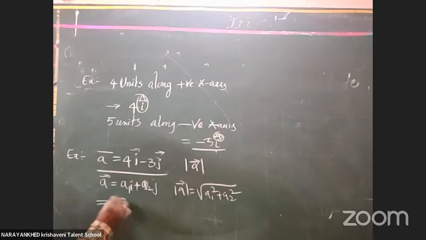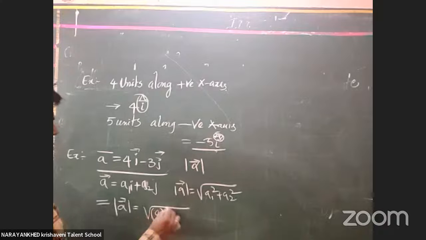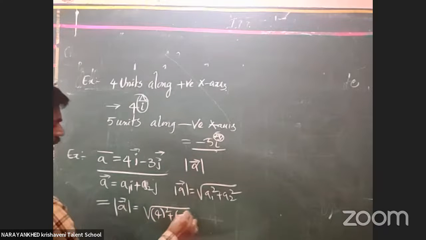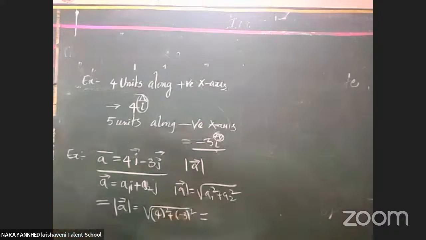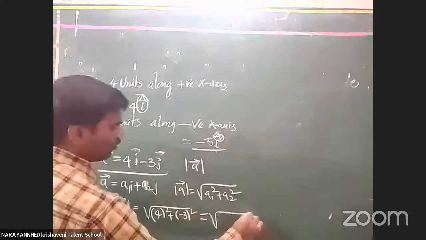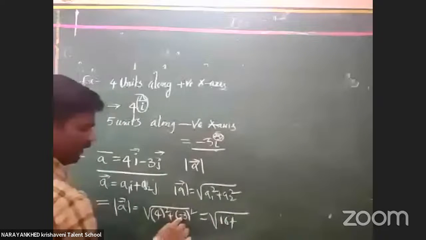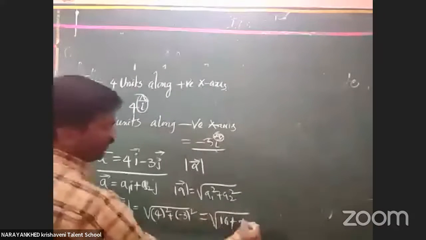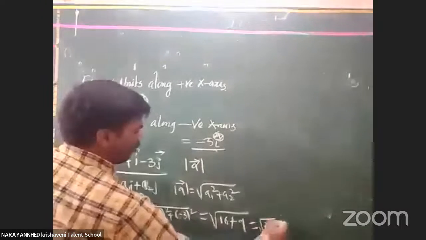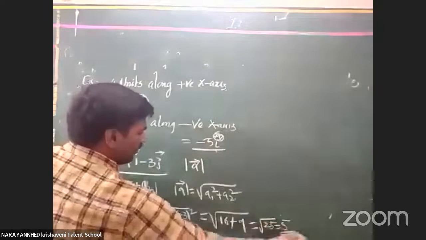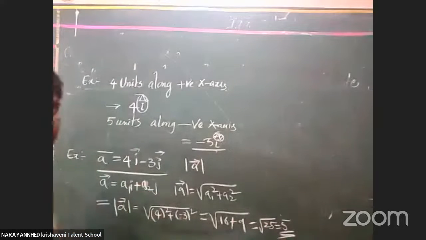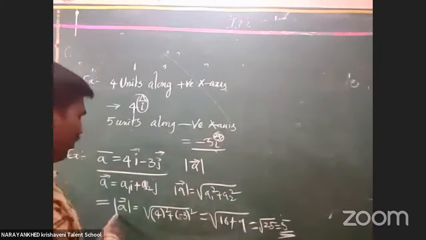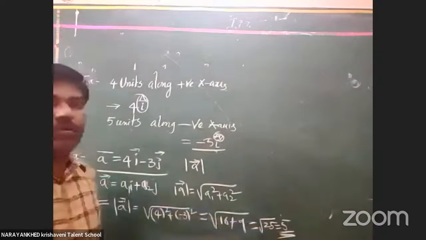Then the modulus of A bar is equal to the square root of 4 square plus minus 3 whole square. That is the square root of 16 plus 9, since minus into minus is plus. That becomes the square root of 25, which is 5. So the mod of A bar is equal to 5.